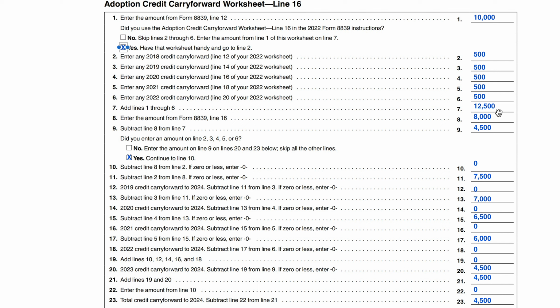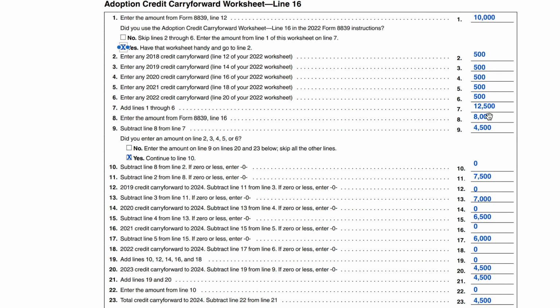So that's what we would put here. That's what we would put on the Schedule 3 for lines 1 or 6C, the actual adoption credit that we're taking this year. And now we're going to subtract this from the $12,500. So of the $12,500 of adoption credit, we've got $8,000 that we're going to take in the current tax year.